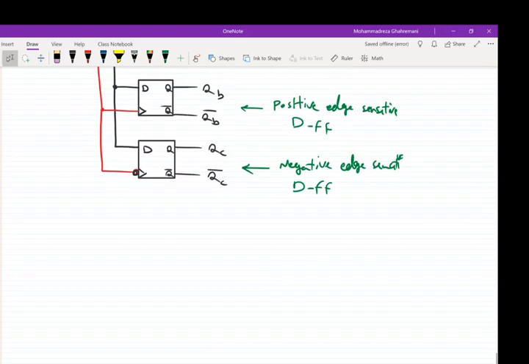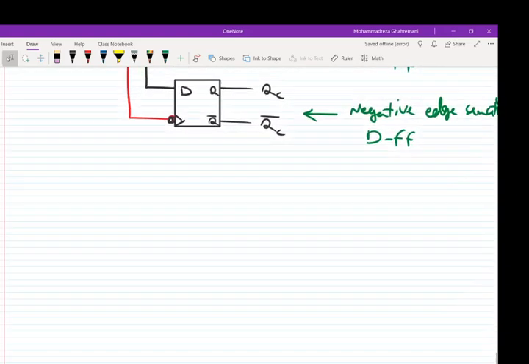the outputs. So there is a way to show the response of the storage elements to the inputs, which is called timing diagram.